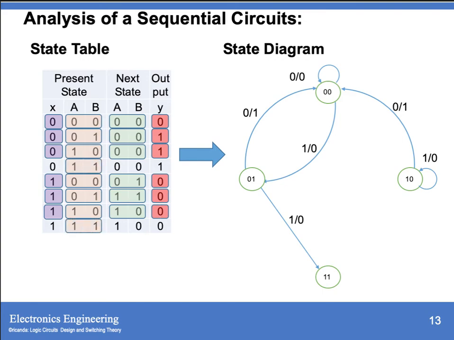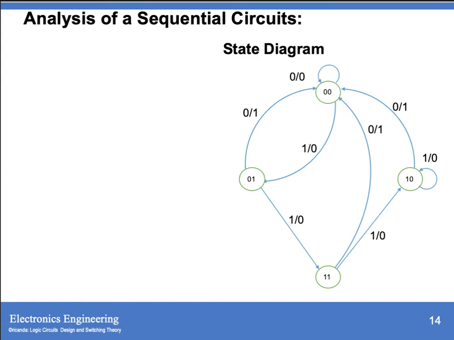Then for the state 1, 1, the first one will go to 0, 0 when your x is 0 and your y is 1. And it will go to 1, 0 when your x is 1 and your y is 0. So this is what you call your state diagram.